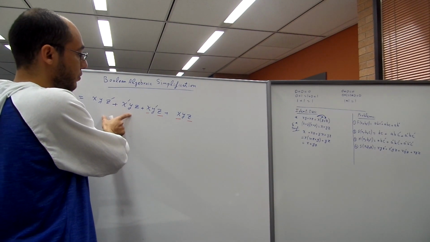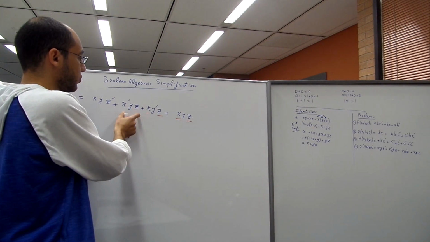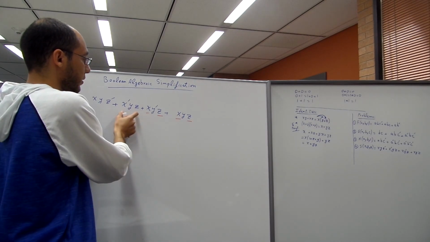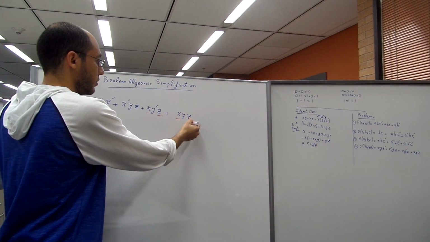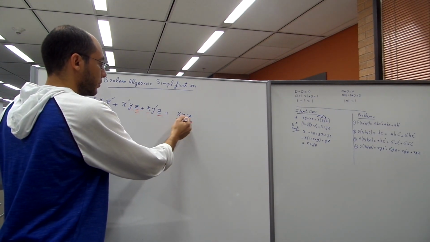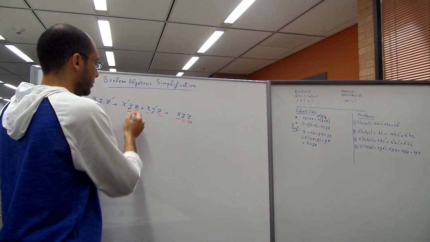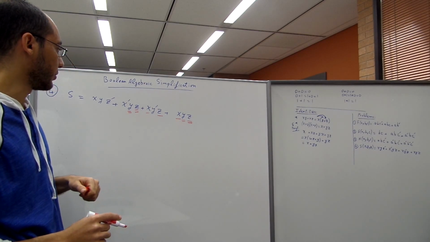So what do I do? Well, I need to take this term with this one as well. If I take this one with that, then I'll end up having z in common and y in common.